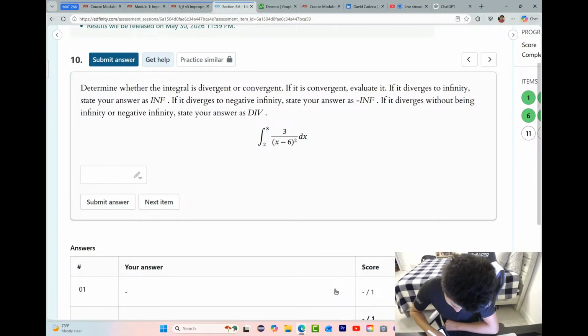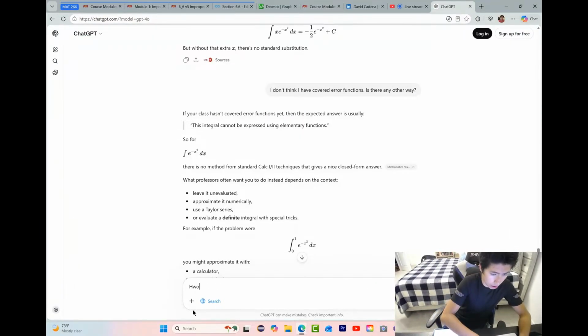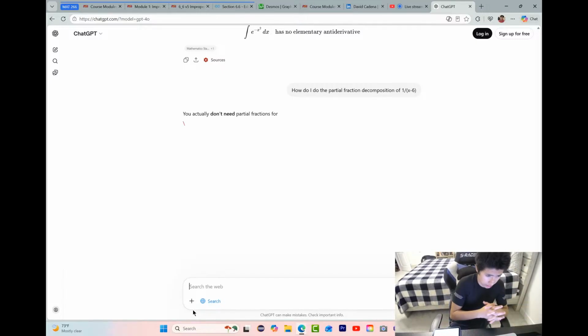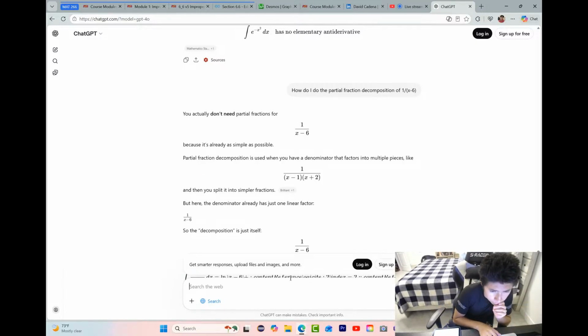So a over x minus 6. Wait, but what if you just have, hold on, is this quadratic? No, that's only linear. Hold on. I mean, I should know this.